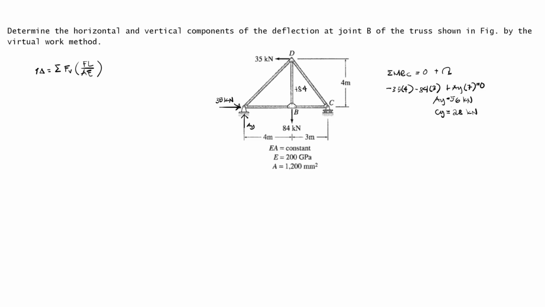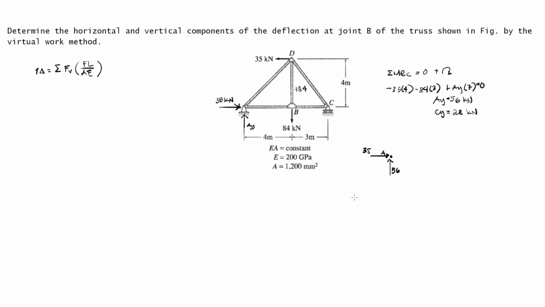Next, we solve the member forces, starting at joint A. This is joint A. We have external forces: the 56 kilonewton, and the 35 kilonewton for AX.